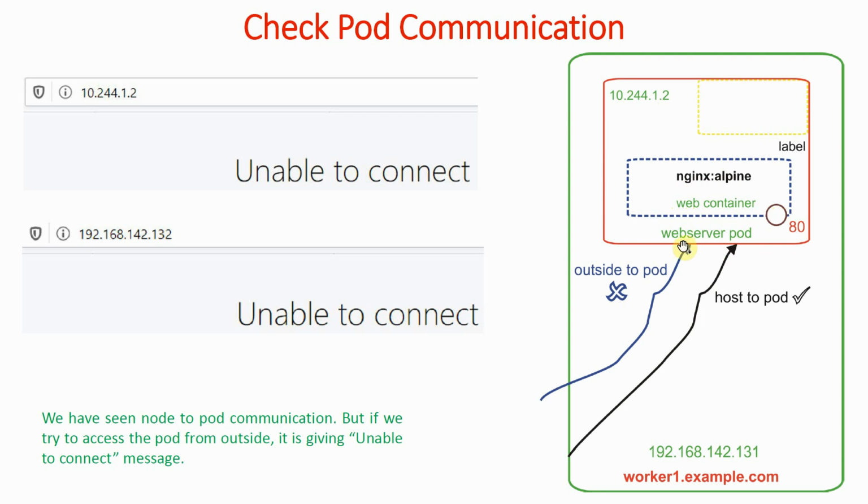So from outside we were not able to access, but from the VM itself we were able to access. So it shows that node to pod communication is possible, but from the outside it is not possible. Now we are going to launch another pod. Then we will see whether communication from one pod to another pod is possible or not.